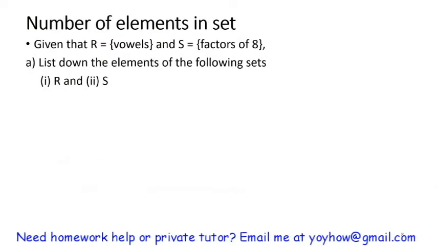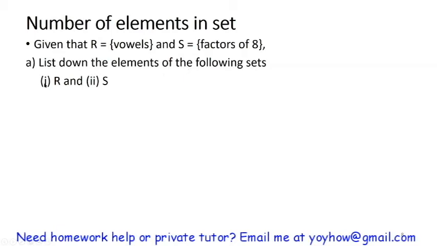In a set, we will have the number of elements in the set. Given that R equals vowels and S equals factors of 8. Now first list down the elements of the following sets.